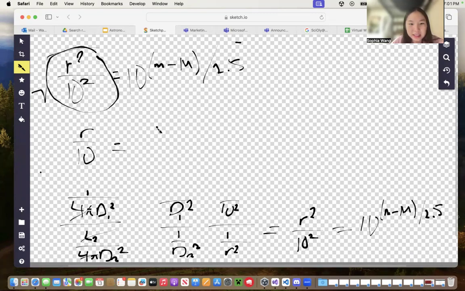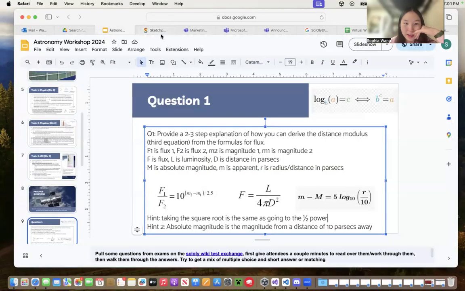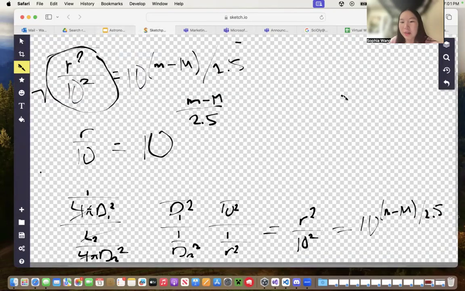And then on the right side, you can think of this exponent as the fraction m minus M over 2.5. It's the same, but now vertical. And now remember, taking the square root, and this wasn't the hint, is the same as going to the 1/2 power. If you don't know how exponent laws work, basically 2 squared to the 1/2 power, you just multiply the inside power by the outside power, and it becomes 2 to the 1.